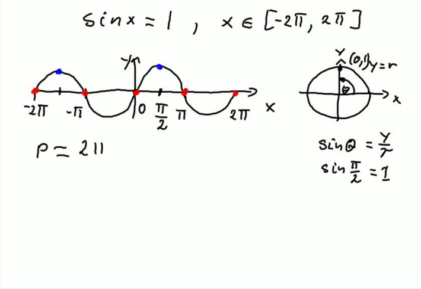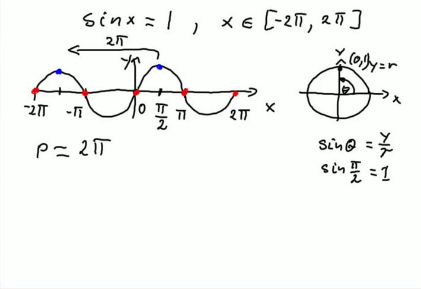And the second blue dot on the left is repeated 2 pi radians from the first blue dot. So this is 2 pi radians away.